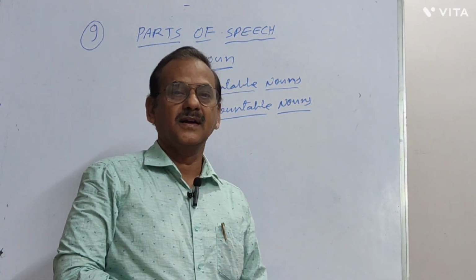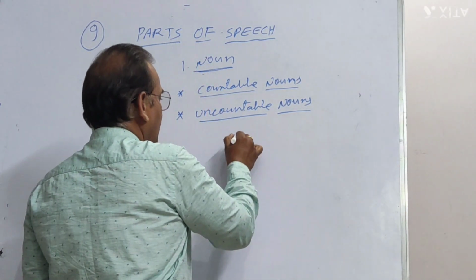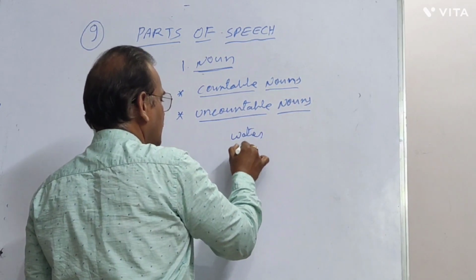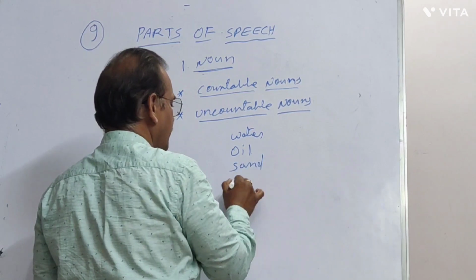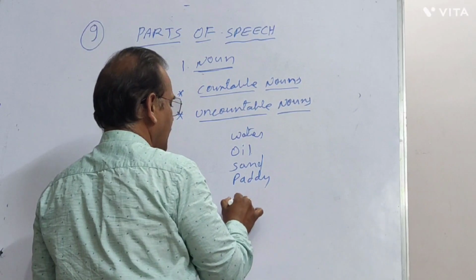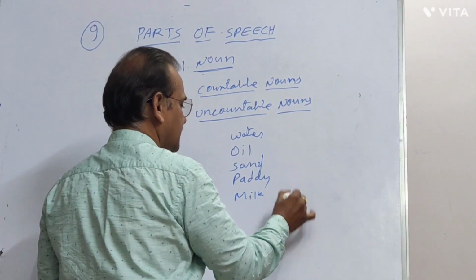We cannot count them individually. For example, water, oil, sand, paddy, milk, etc. Like this.